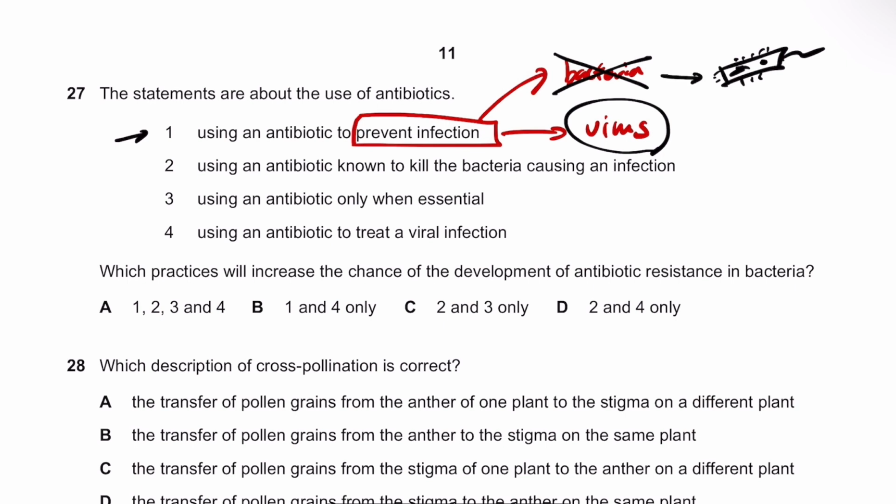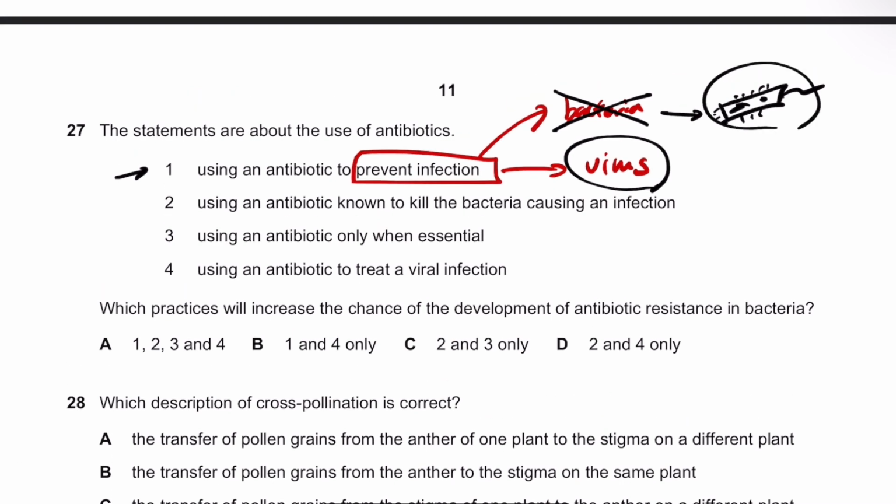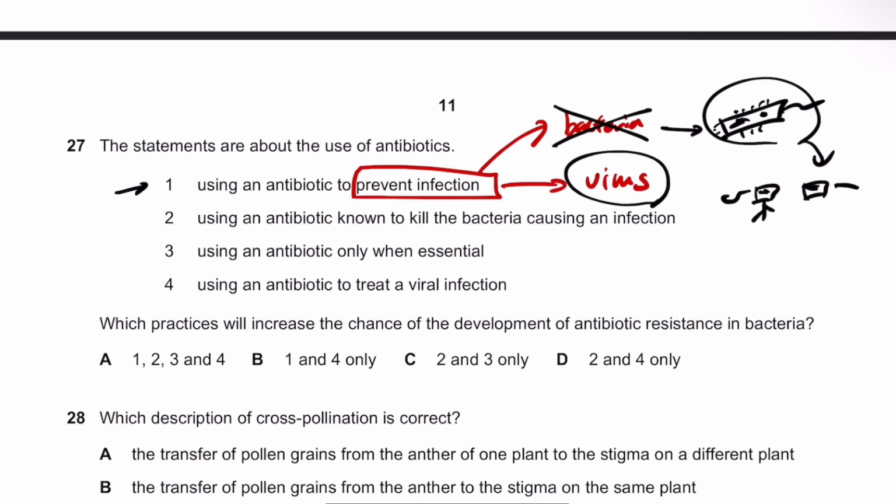But not only does it happen just by the exposure to antibiotics, some of them may live, and then they can divide themselves by binary fission. And then during the fission, maybe one of them can become mutated after the exposure to antibiotics. So this becomes antibiotic resistant, and although this one dies, this one will live, and then they will just increase their numbers.